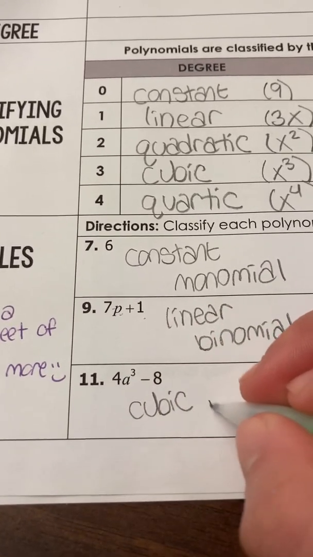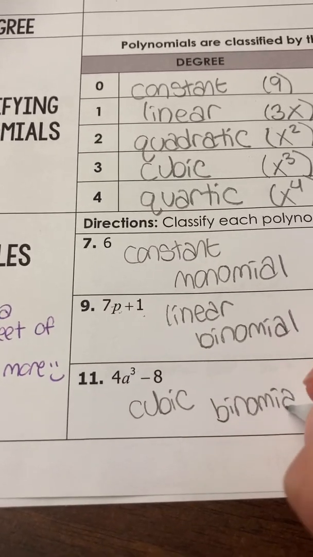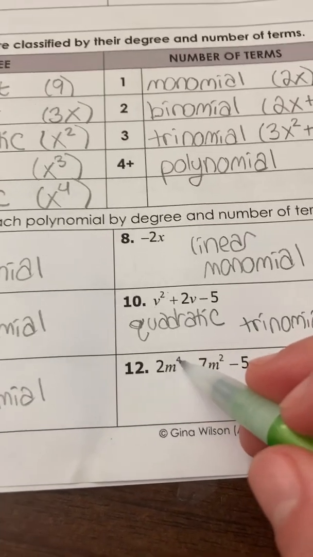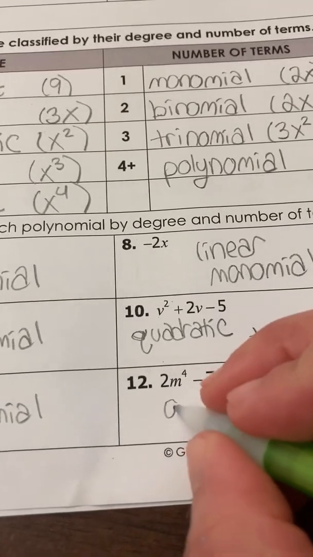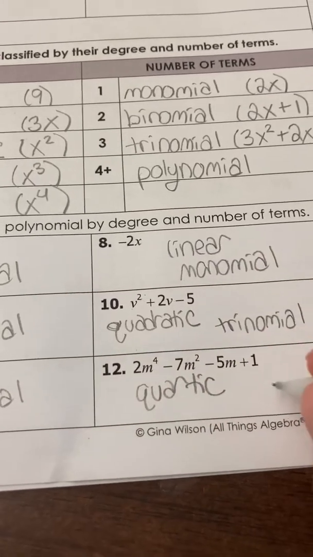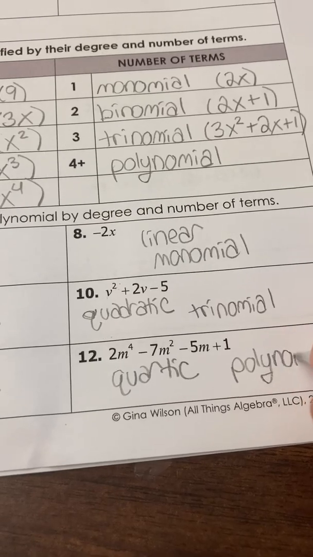Two terms is a binomial. And the last one, we have highest degree of 4, so that's a quartic. And there's 4 terms, so we would just call this a polynomial. So there's no fancy number for 4 there.